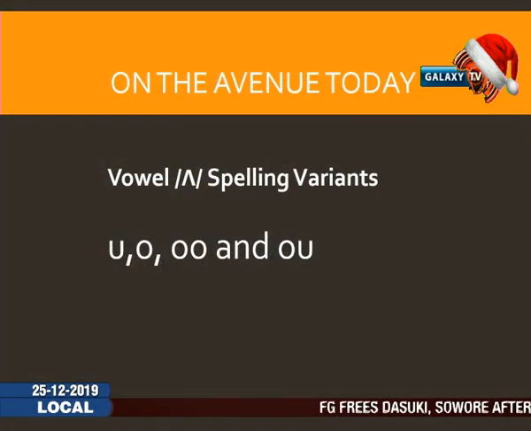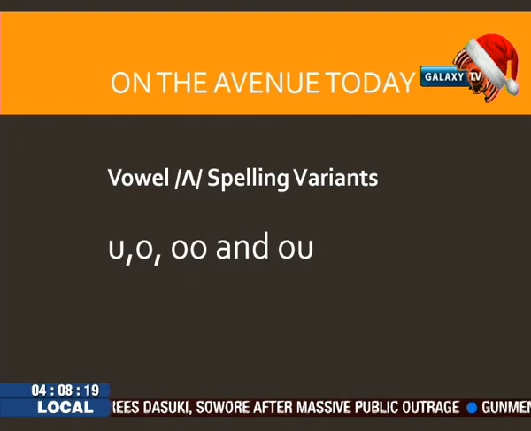But there are also other letters that this sound can be spelled with. We have the letter O, the letters OO, and OU. So those are the four spelling variants for the sound we'll be discussing today: U, O, OO, and OU.